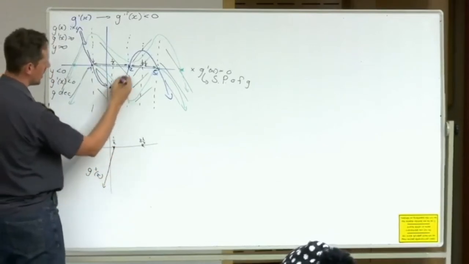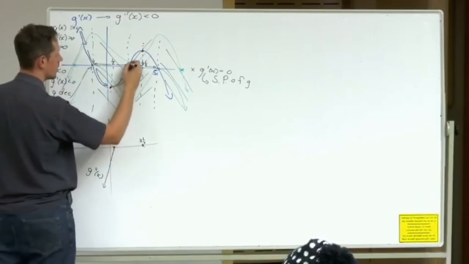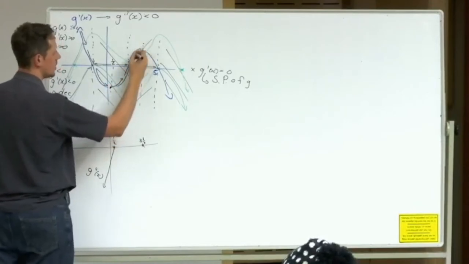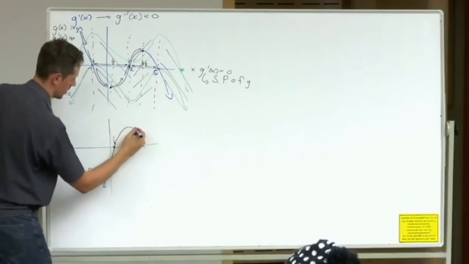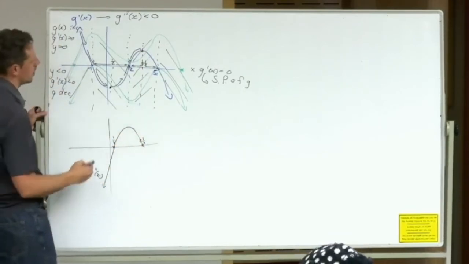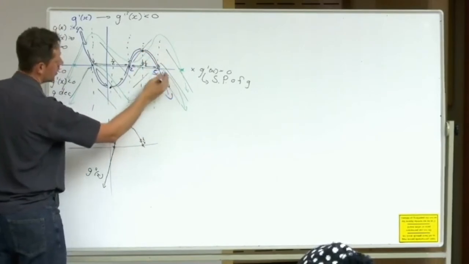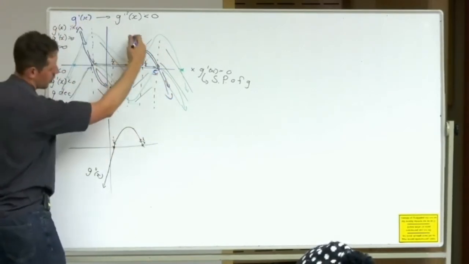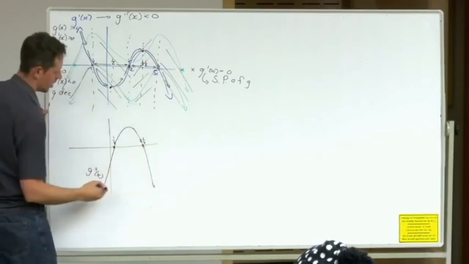But from here to there, my g' graph is increasing, so g'' is positive. Then again from here, my g' graph is decreasing, so it's going to be below.